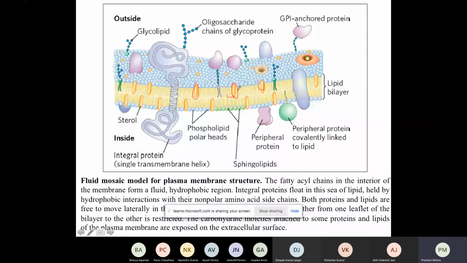And that's one role. Now I go to the other extreme where the cholesterol is present in a fatty acid chain where I am trying to put the membrane at a lower temperature. So at a lower temperature, what will happen? The membrane will solidify. And suppose you solidify to a very great extent, what should happen to the membrane?